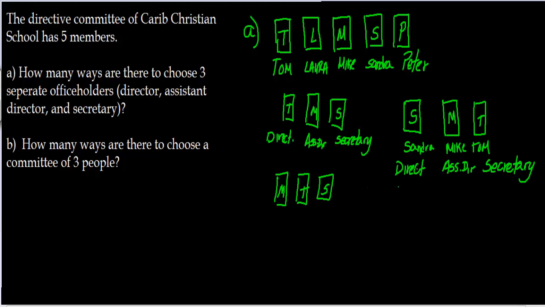And this will happen if I choose, for example, Peter, Laura, and Mike. I will have instances where they will come up again and again, but with different offices. Okay? So since this arrangement is different than this one and different than this one, that means they all count. So that means this becomes a permutation. Letter A is a permutation problem.